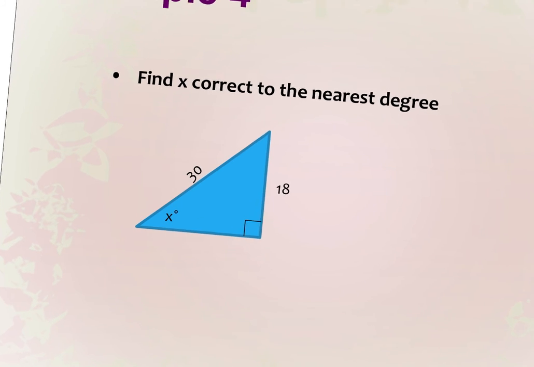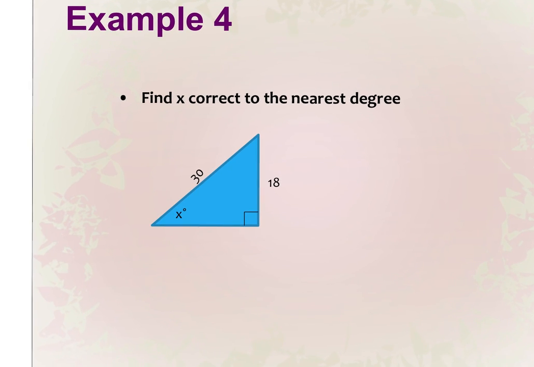So looking at this example and what's given, we're going to take x degrees and use a trig function, either sine, cosine, or tangent, to use those two sides that were given. What do you think we need to use? Sine. Why?